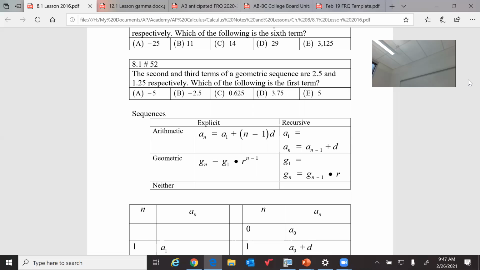Because if you distributed this, you would get 3n take away 3, and you have a -1 plus that. So you have a sub n equals 3n. First term's -1. The constant difference is 3.